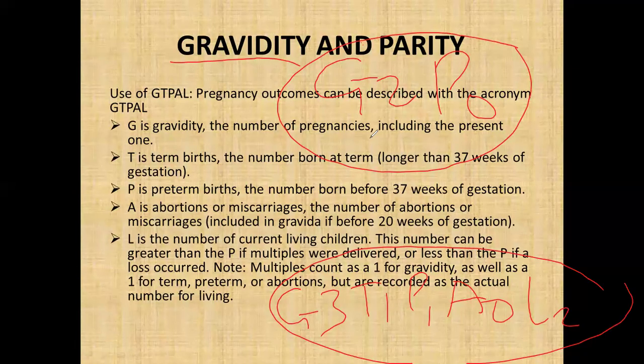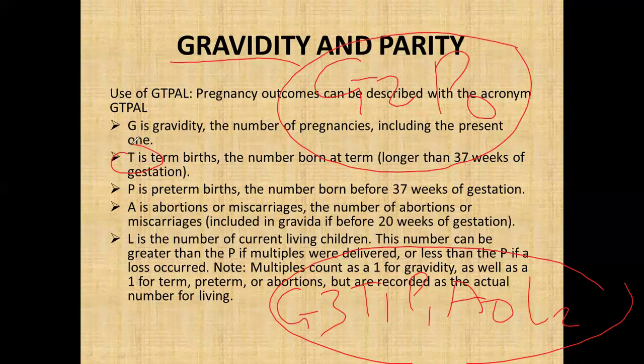So parity, I state again, talks about the number of pregnancies that has been carried beyond the week of viability, which is after 20 weeks of gestation. Then we have T. The T talks about term.